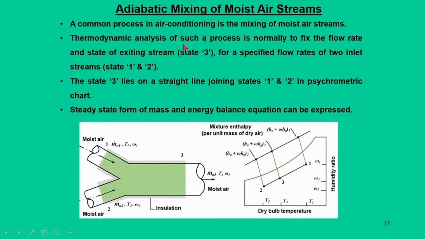The last part is the adiabatic mixing of two moist air streams. Theoretically it is possible that we can have one stream, two streams or multiple streams of air which come, mix and go out.